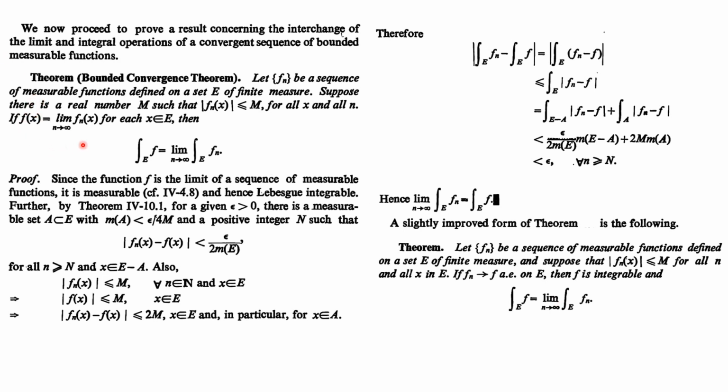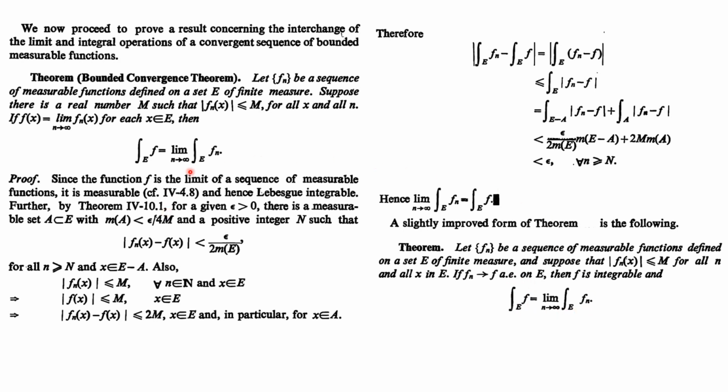Here we are given it is converging to f(x) for each x, and here it is given fn(x) converging to f almost everywhere. So at those points where the sequence is not convergent, those points have measure 0. So the integral remains the same.